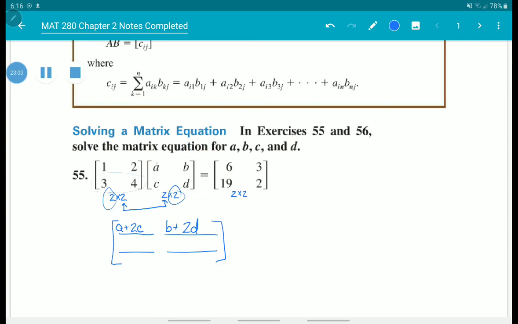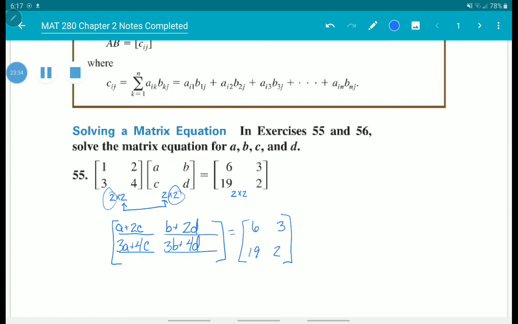Now we're going to use that second row, first column. So 3A plus 4C. And then for that last entry, we need to use the last row, last column. So 3 times B plus 4 times D. And that's going to be equal to that matrix 6, 3, 19, and 2.